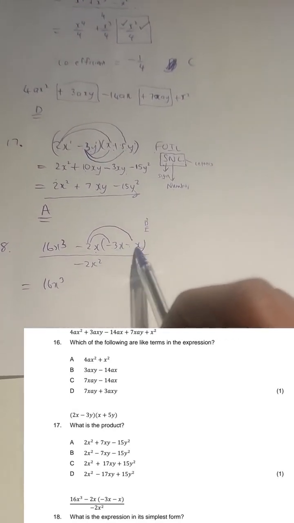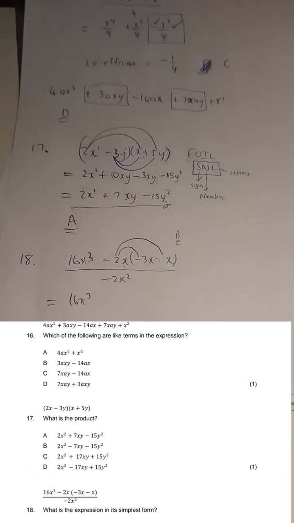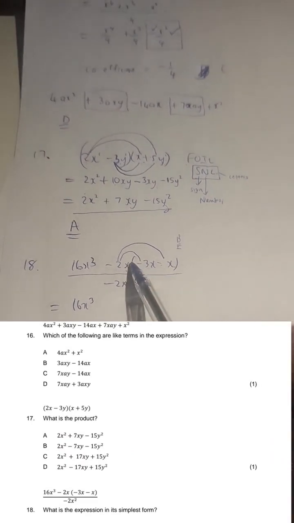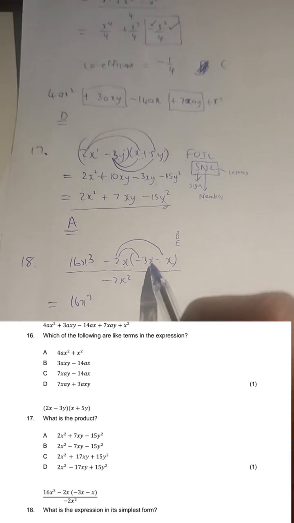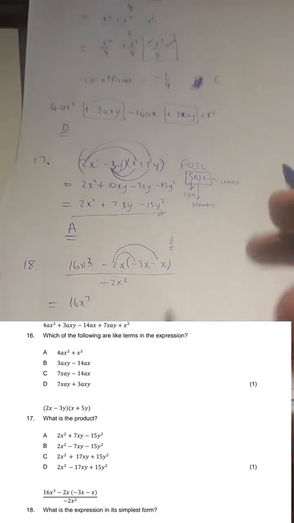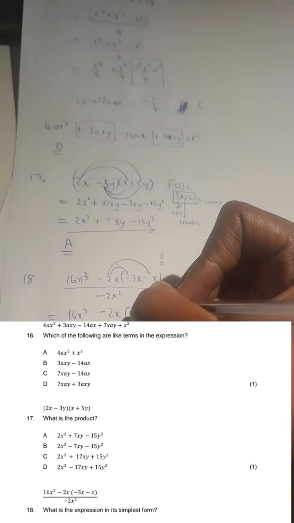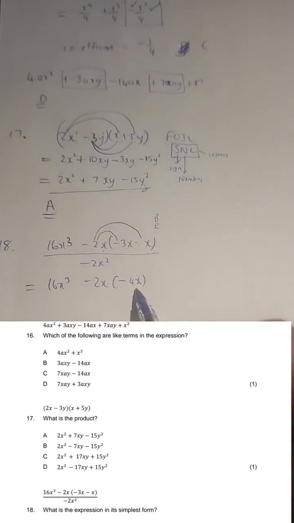These are like terms, negative 3x minus x. You can distribute if you want, or you can add and subtract the like terms, then multiply negative 2x with what you get there. So negative 3x minus x is negative 4x.